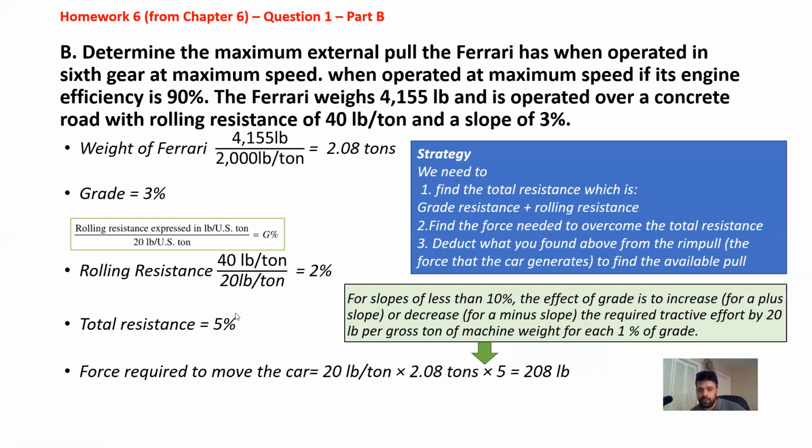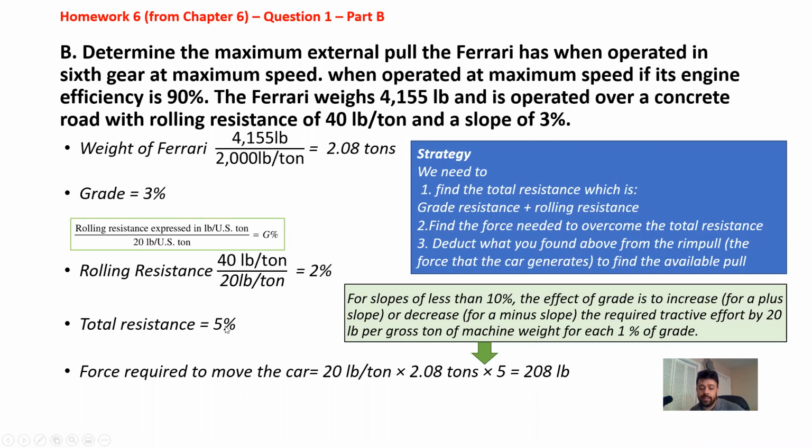So we could use this rule, 20 multiplied by 5 multiplied by the weight of the machine. But instead of that, to make it easier, we first find the resulting grade, which is the summation of the two grades. One was given, one we converted. This is the resulting grade.